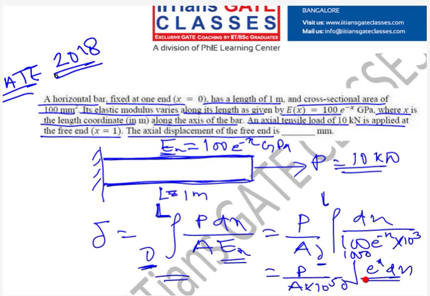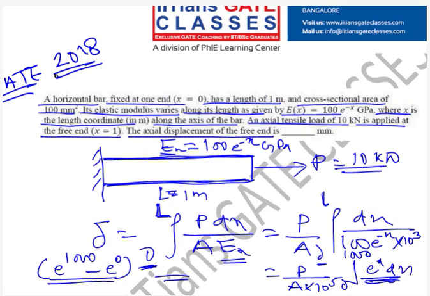Now e power 1000 you cannot solve. E power 1000 will not give you any value. Finally when you integrate, e to the power x integrates to e to the power x, so you will get e to the power 1000 minus e to the power 0.